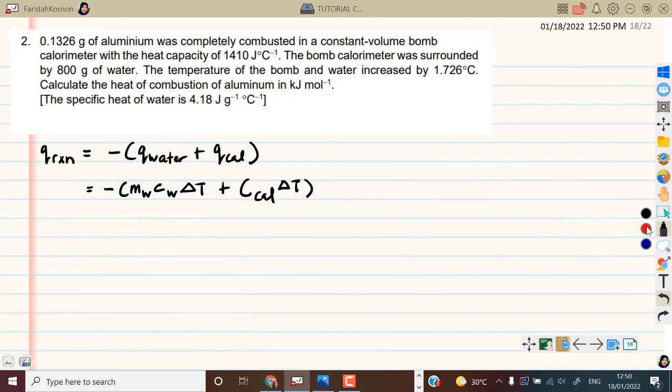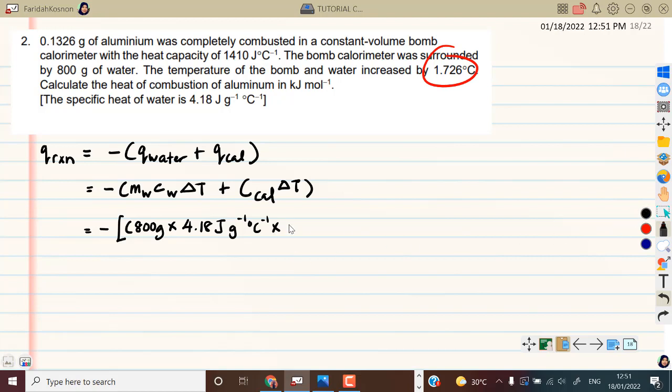Okay, jadi kalau you masukkan kat sini, kita masukkan sajalah equals to negative, okay, 800 gram times 4.18 joule per gram per degree Celsius times delta T. Delta T was given here.